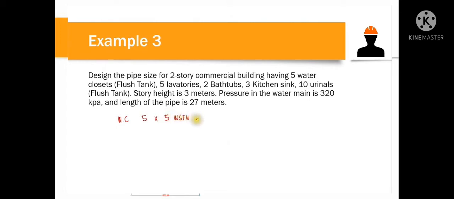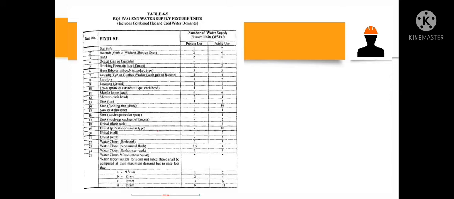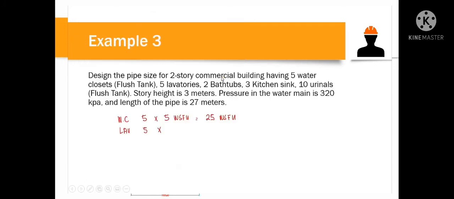So this gives us a total of 25 water supply fixture units. Then for lavatories, we have 5 lavatories, and for public use, a lavatory has 2 WSFU, which gives us 10 WSFU.